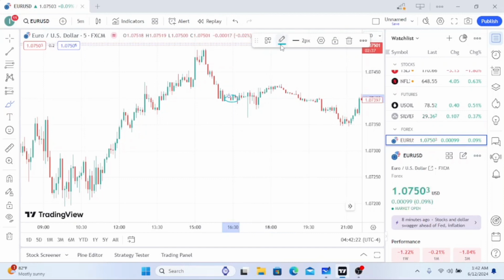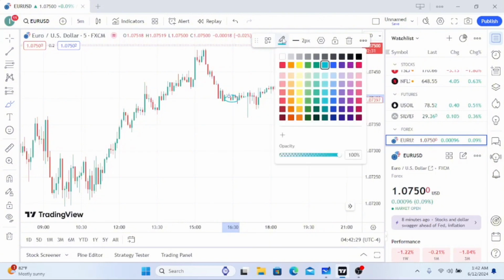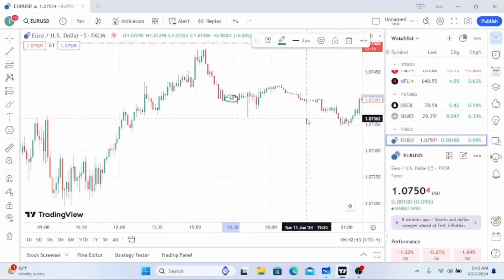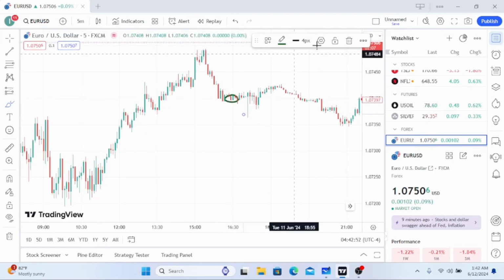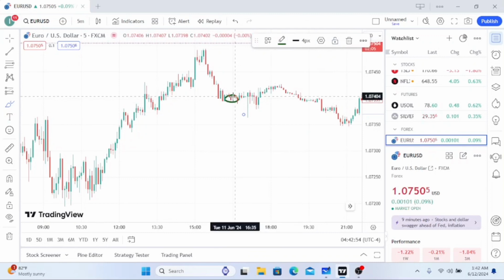I don't know if you can see my drawing clearly. Let me choose a color that can appear. Let me use dark green to illustrate this. So this underlined section is a bullish engulfment here, right here. A bullish engulfment right here.